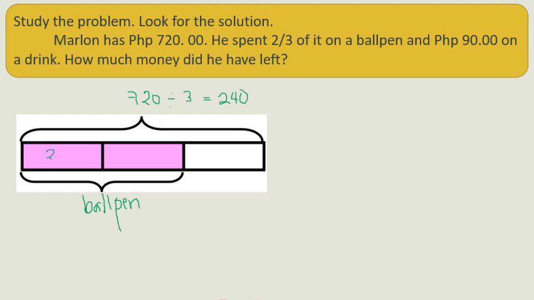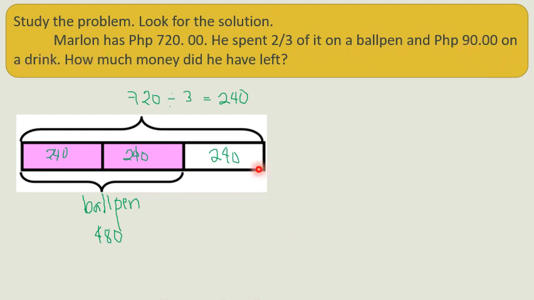So, ito ay 240. Ito po ay 240 din. Tapos, ito ay 240. Ngayon, ibig sabihin yung ballpen natin, gumastos siya ng 480 pesos. So, may natira pang 240. Ngayon, hindi lang yun ang binili, hindi lang ballpen. So, bumili rin siya ng drinks na nagkakalaga ng 90 pesos.